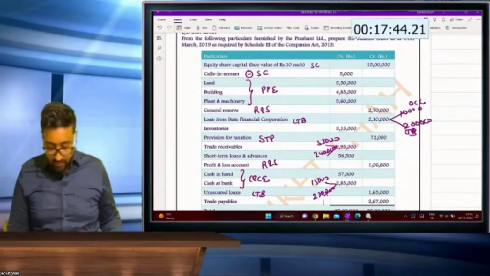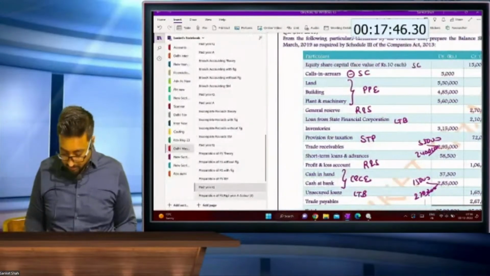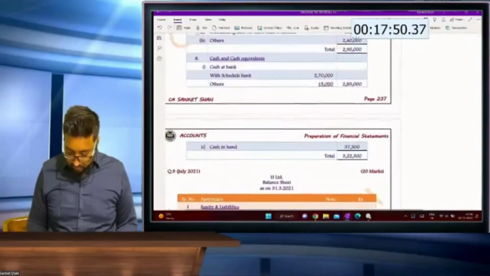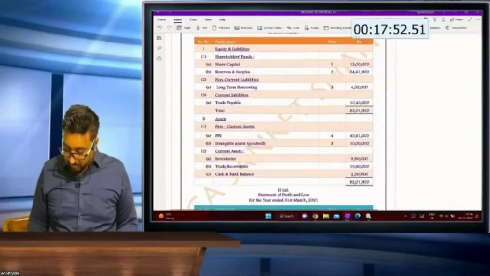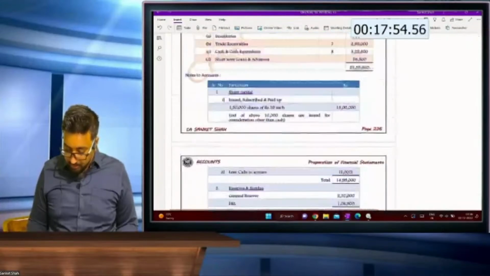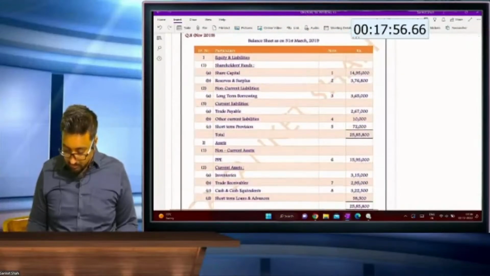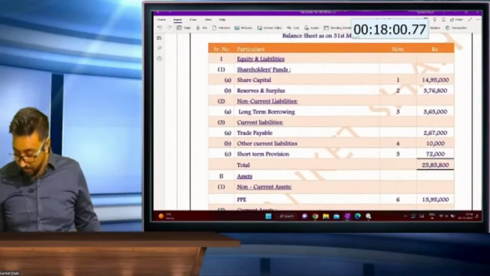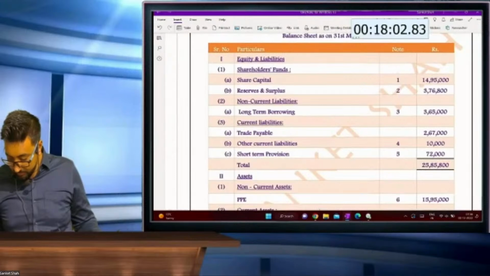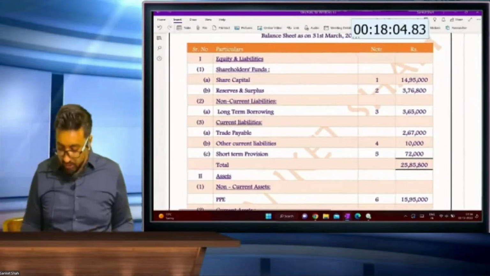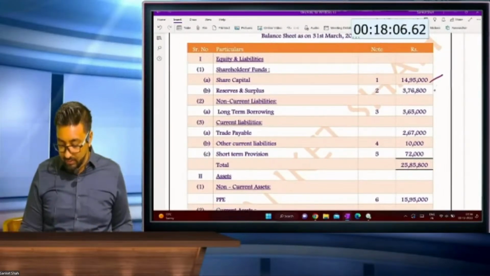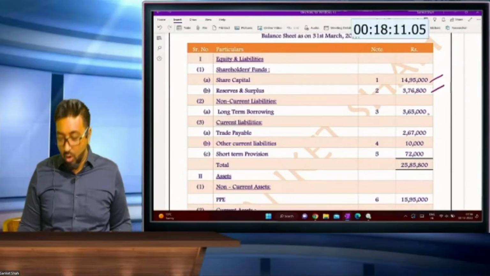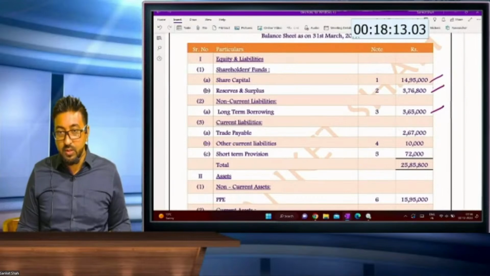चलो आज सुबह सुबह आप लोगों ने बहुत मेहनत की है. So I will show you the answer now. Tallied figure is 25,85,800. Share capital 14,95,000. Reserve surplus 3,76,800. Long-term borrowing 3,65,000.